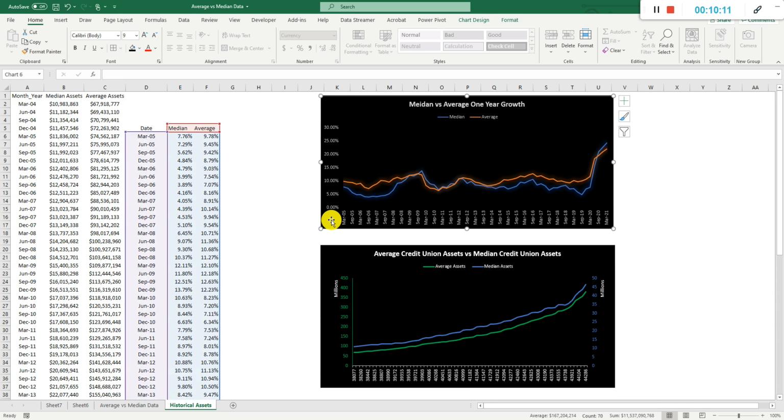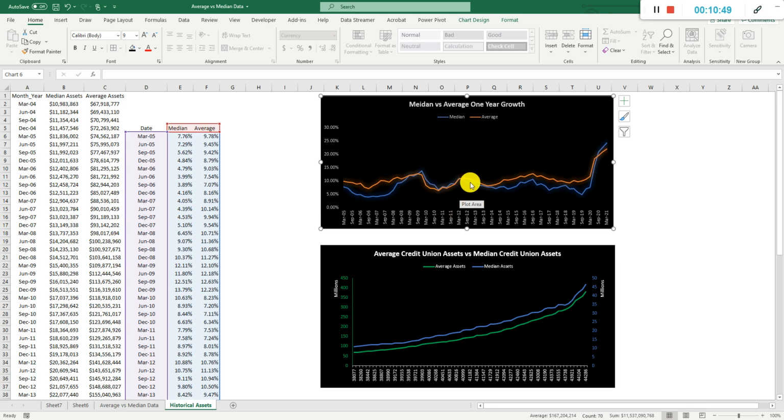Here we have the median versus the average one-year growth. How the median has changed year over year, and also how the average has increased year over year. We have always positive growth, as we can see here, always positive growth. It's higher than 5% for the bottom two.